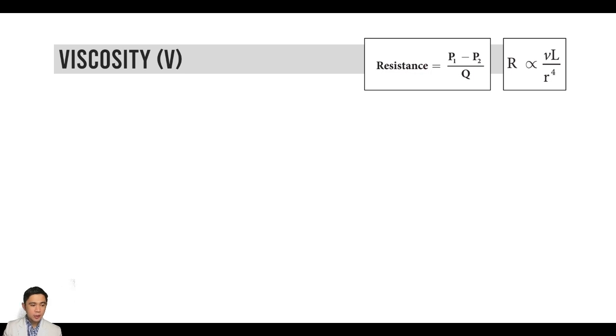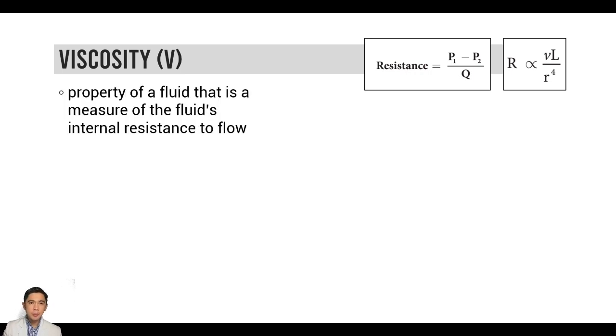Let's talk about viscosity. Viscosity is the property of a fluid that is a measure of the fluid's internal resistance to flow. So every fluid has its own viscosity property. Every fluid will have a certain innate resistance to flow. In the blood, the prime determinant of viscosity is the hematocrit.